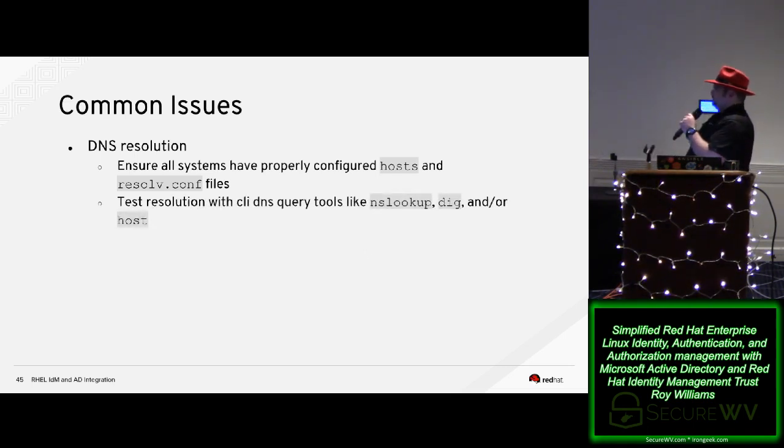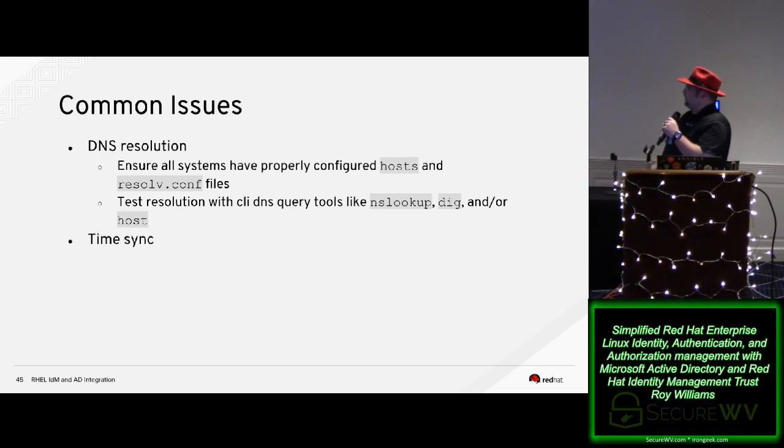We want to test the resolution at the CLI if we have issues, using tools like dig or nslookup, or even the host command. Any of these tools that are designed to query DNS and make sure our records are in place.